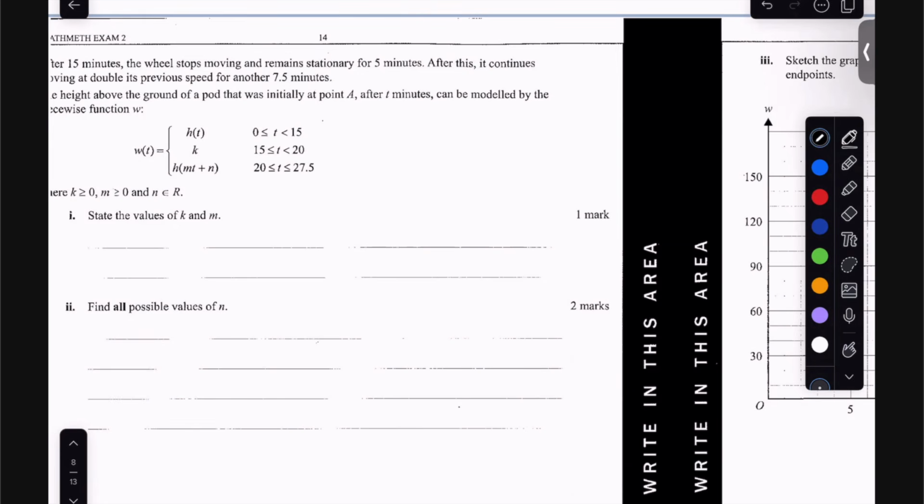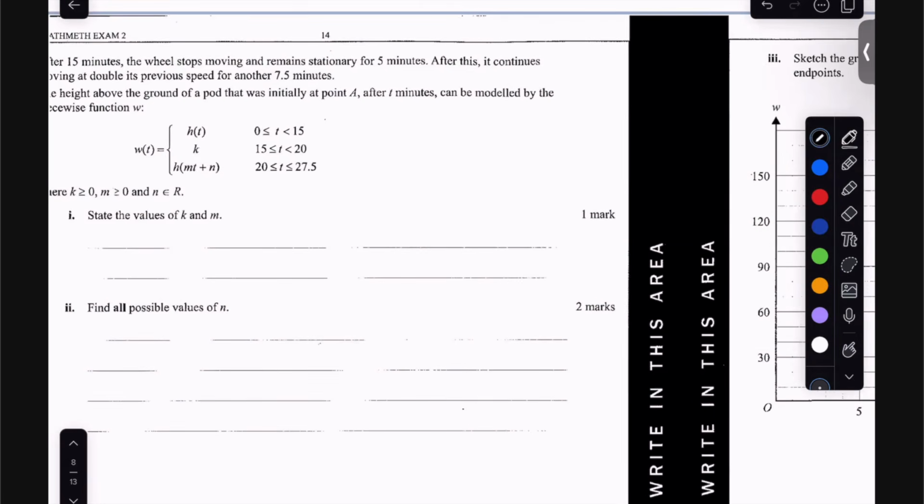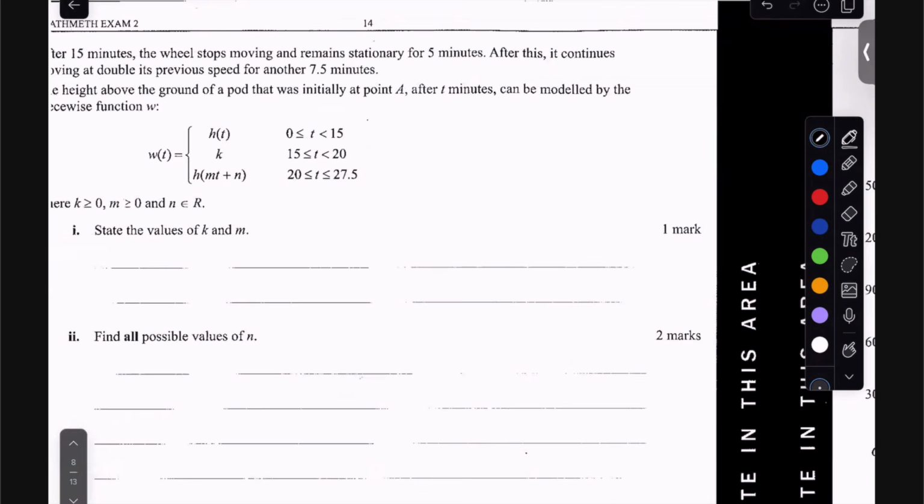So after 15 minutes, it stops moving, and 15 minutes is... we can just work out h of 15, so k is h of 15.